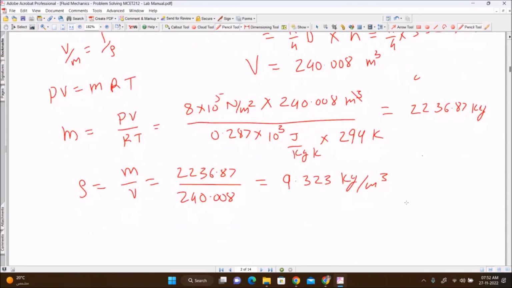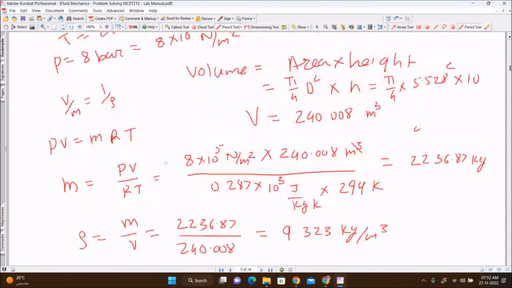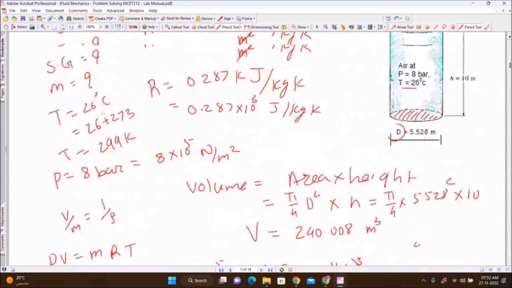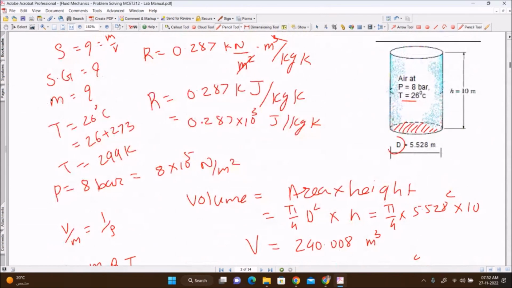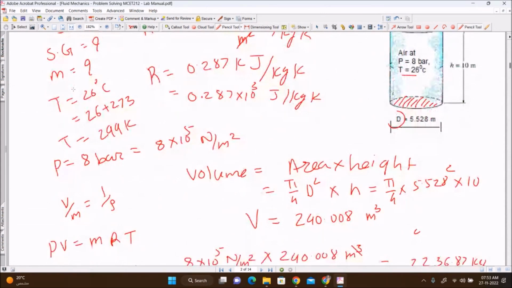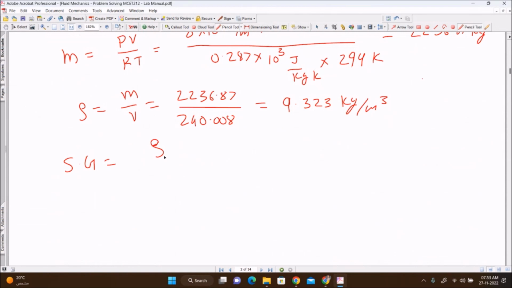If you forget to write the unit, you will lose the mark as per the instruction. Once you know the density, you can find the specific weight if it is asked. Specific gravity, if asked, you can find out also. Specific gravity of any fluid is defined as the ratio of density of the fluid over density of water at 1000 at atmospheric temperature.